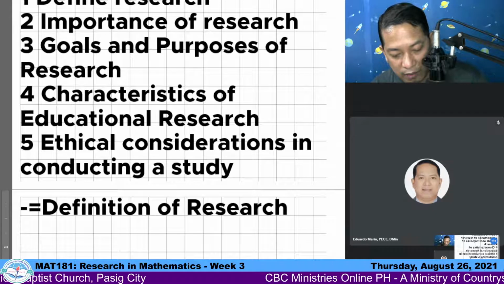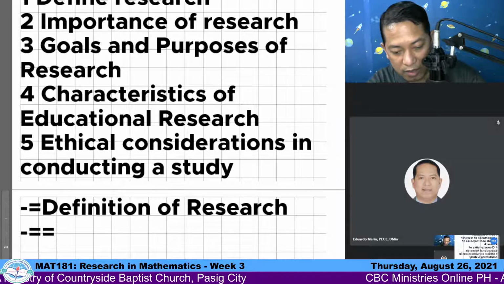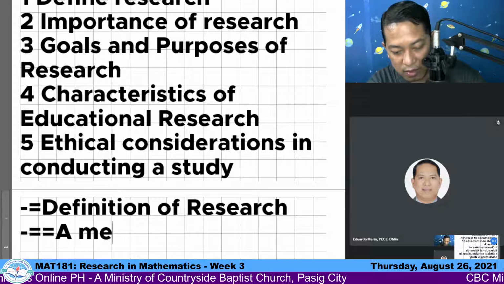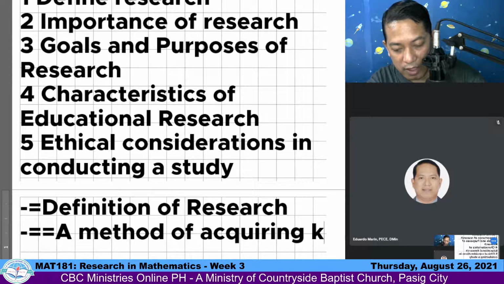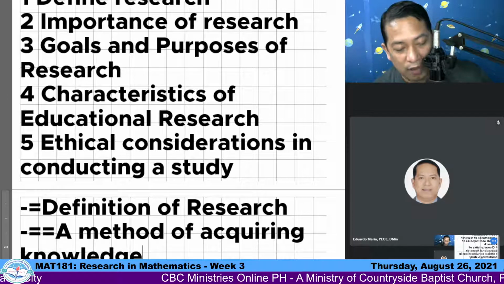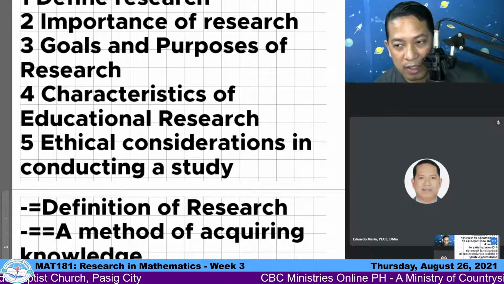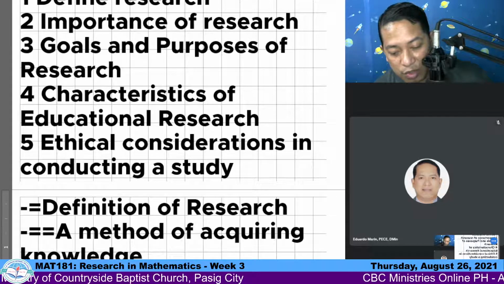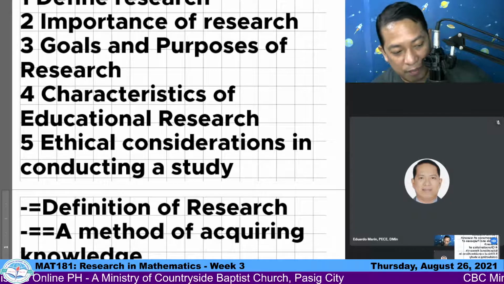One way of defining research is as a method of acquiring knowledge. So there must be an acquisition of knowledge. Through research, we could acquire knowledge, or something that would answer our problem or provide solutions to our current situation. So, in effect, research is an acquisition of knowledge.